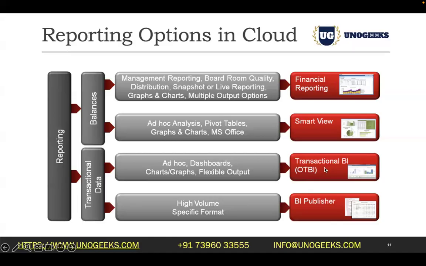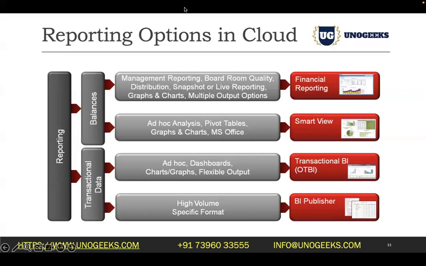OTBI can only deal with a very low data volume, and it is typically used when you want to present the output in a flexible manner or in graphical or chart options. So these are the two options that we have to report on transactional data in Fusion Cloud. BIP is used for high data volume and specific formats, and OTBI is used for graphical representation of data.